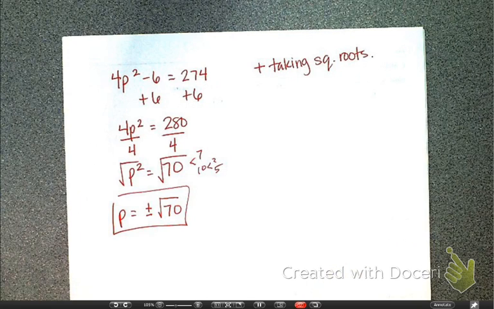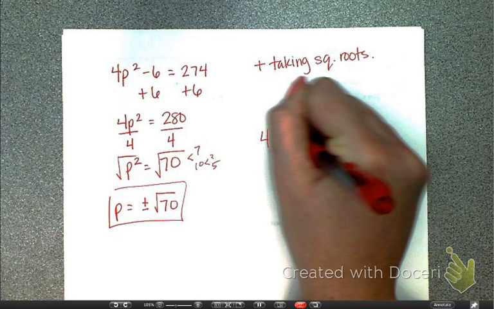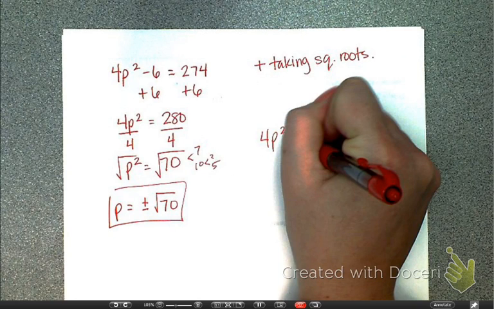You can factor if you want. You would subtract 280 and you'd have 4p squared minus 280 equals 0. Do you know what you would do from there?